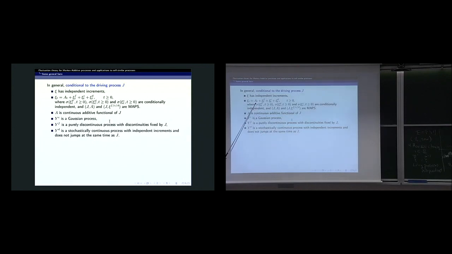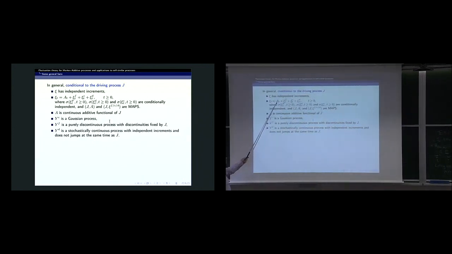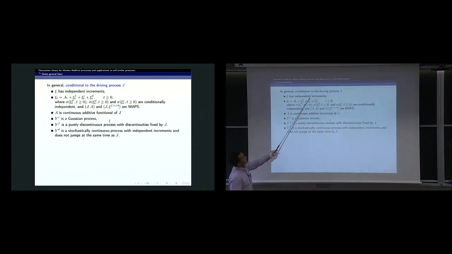Namely, there is a drift, there is a continuous part. The continuous part is a Gaussian process, whose covariance will depend on J.